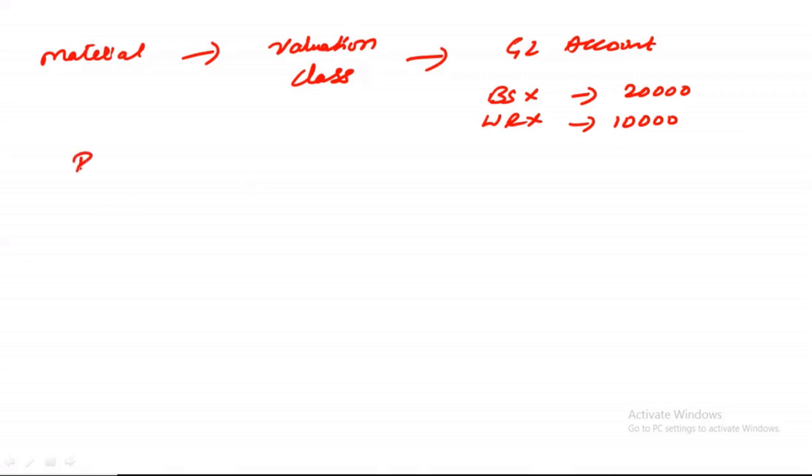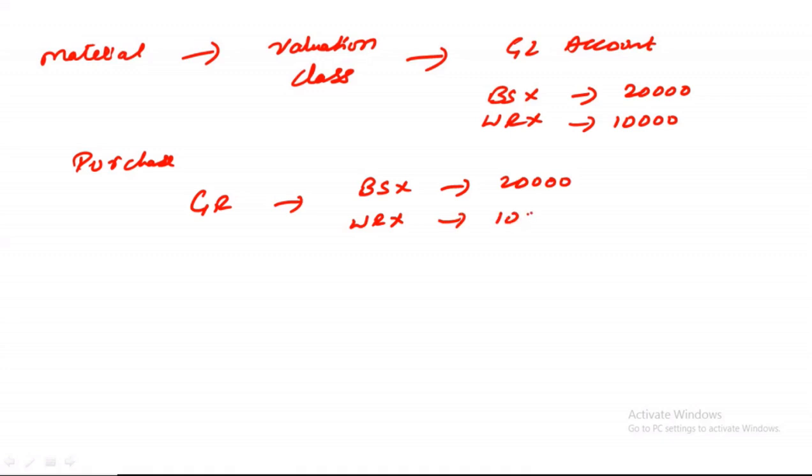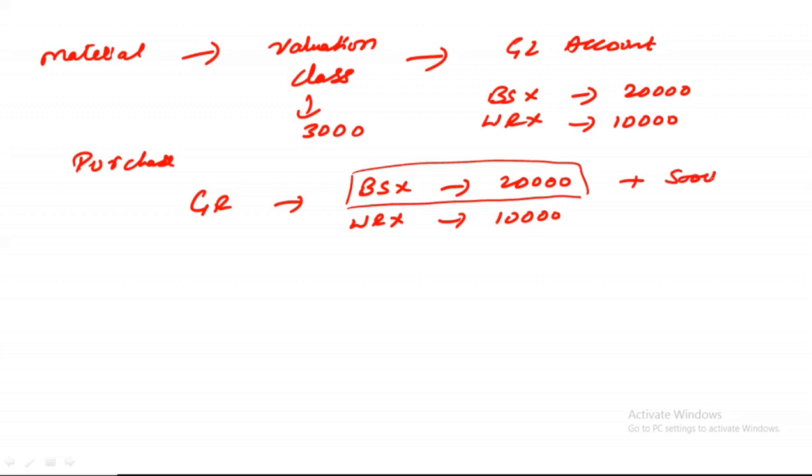So when I purchase the material and do the GR, my BSX will get affected, my WRX will get affected, based on my GL account 3000, right? Is this clear? Yes. Now, stock will get added to this account. Value will get negative from this account, right?